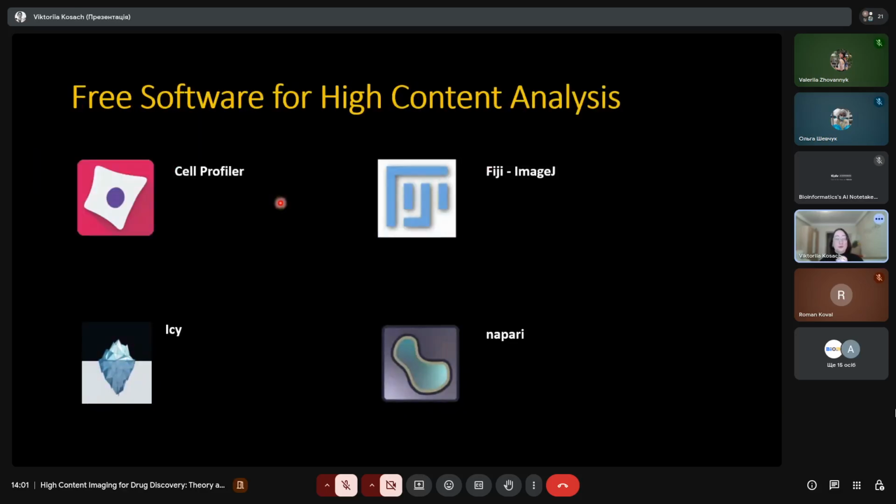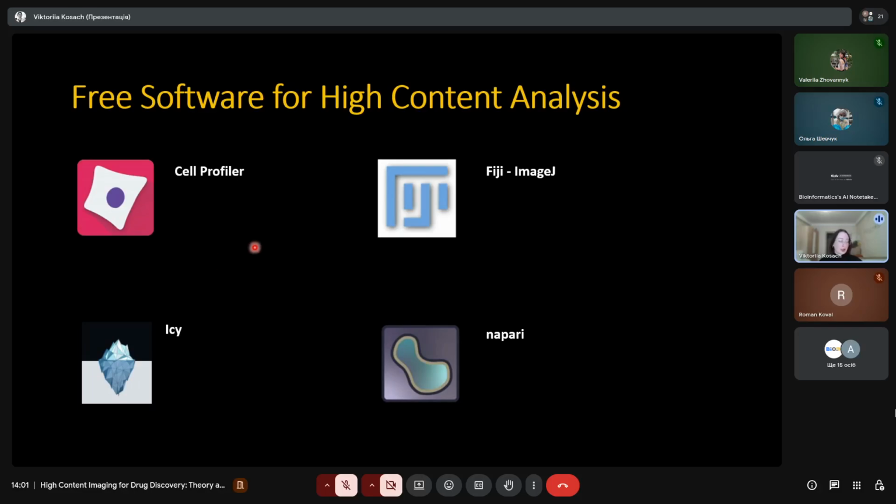So if you would like to analyze your data further from the Excel file or even from raw images, you could use some free software available like CellProfiler, Fiji, ilastik, Napari, etc. There are quite a lot today. CellProfiler is very nice.